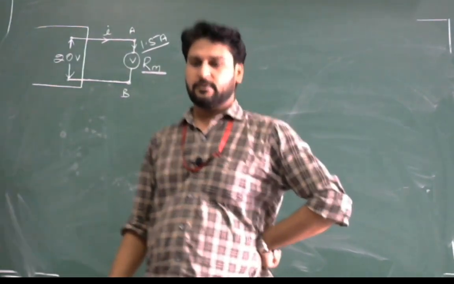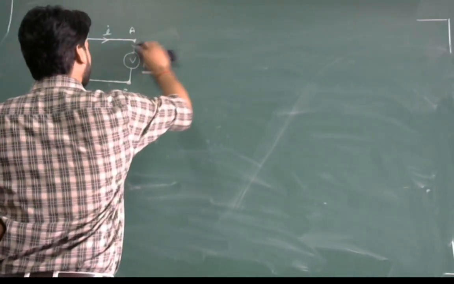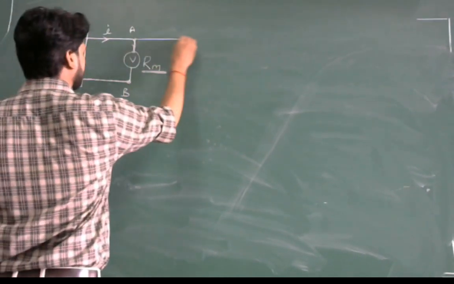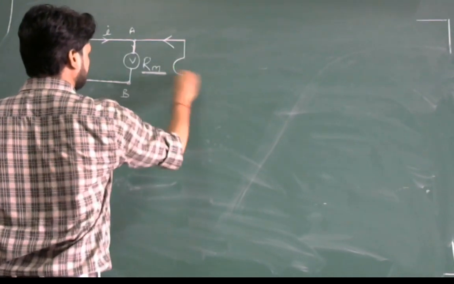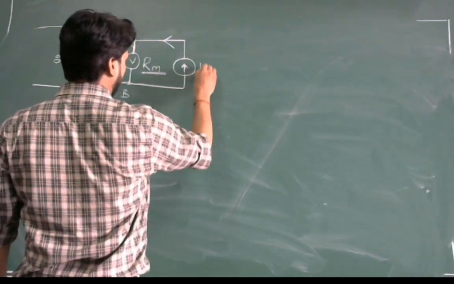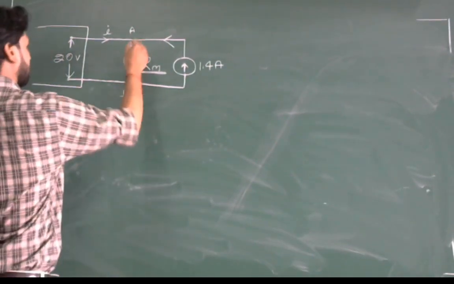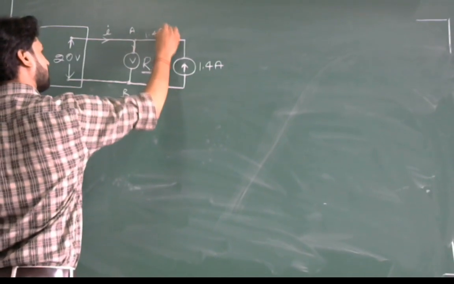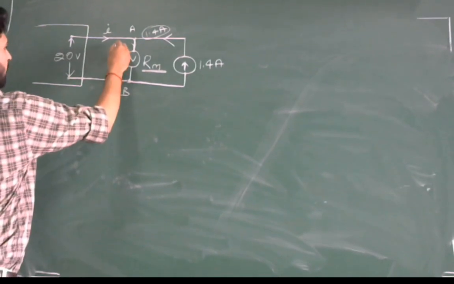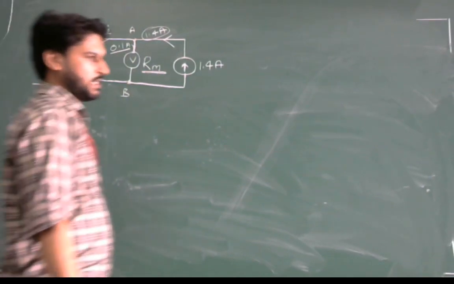That means if somehow I am able to give some current from a different source, suppose this source is giving 1.4 ampere current to the voltmeter, in this case this voltmeter will draw only 0.1 ampere from the circuit in which it is introduced.